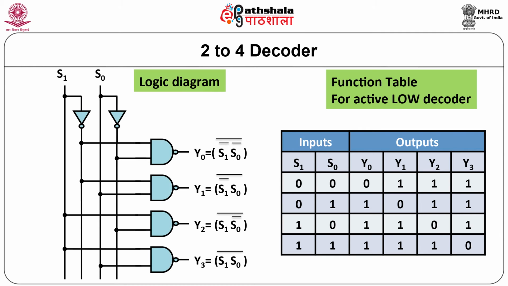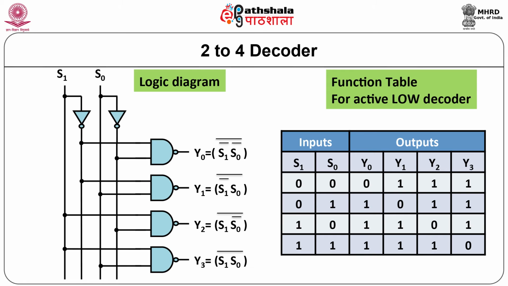The product term in case of active low 2 to 4 line decoder indicates inversion of each output. The Boolean expression indicates the complementation of each product term. These product terms are obtained by using NAND gates instead of AND gates.